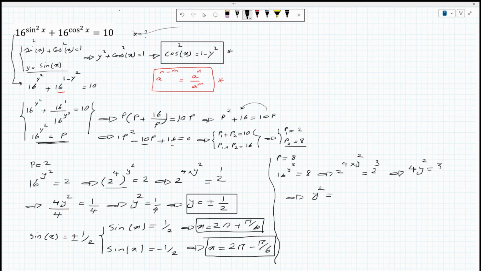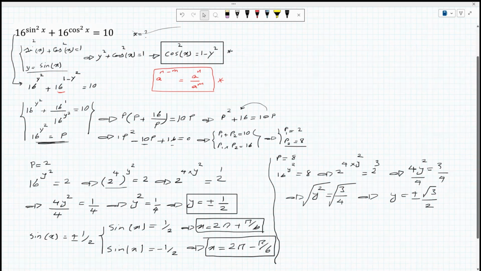Because I can divide both sides by 4, this gives us y² is equal to 3 over 4. And if I take a square root from both sides, y equals plus or minus the square root of 3 over 2.